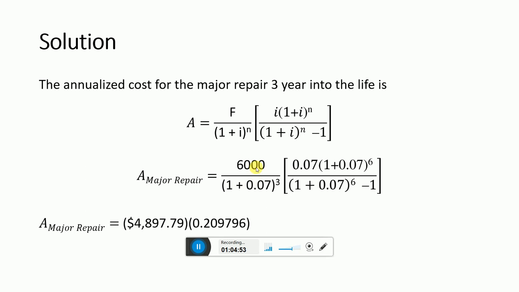If we simplify, this portion comes out to be 4897.79, and this portion comes out to be 0.2097. Just multiply these two, and we get the annualized major repair cost as $1027.54.